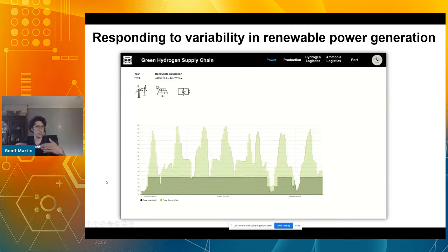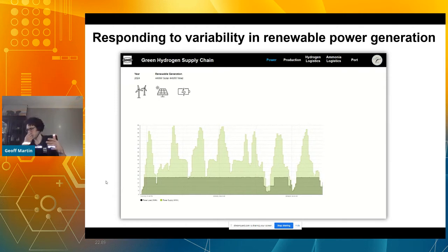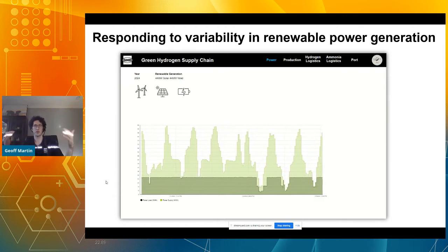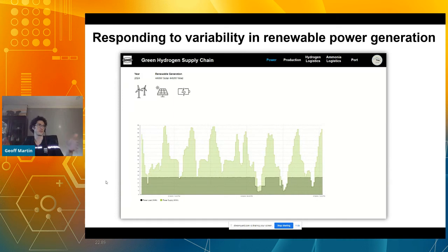Most production plants will run at 100% utilization, because you paid for expensive kit. You're going to try and run it as much as you possibly can. So you want to keep it running as much as possible. The problem with green hydrogen is that the power supply is variable.